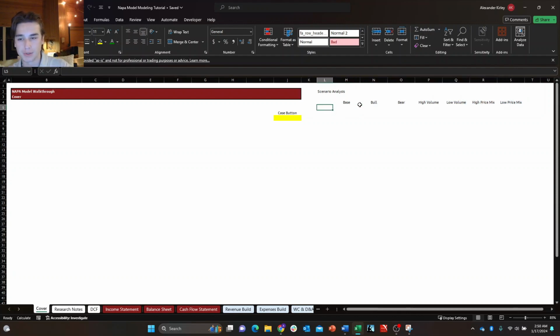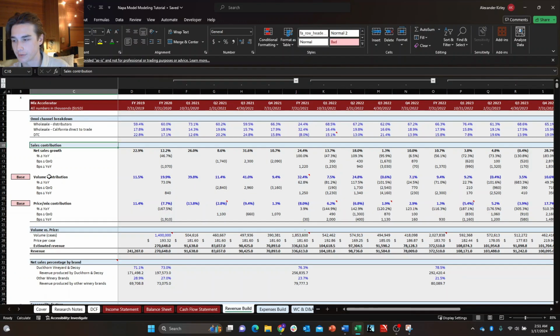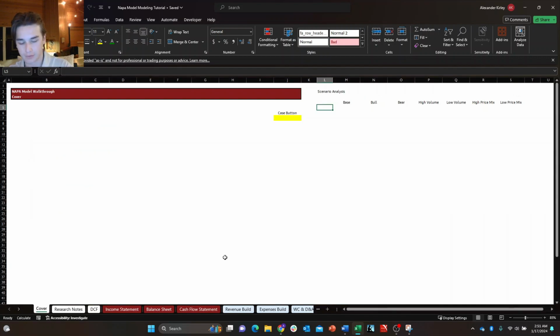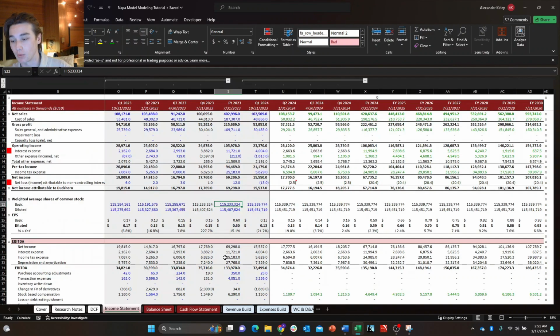Now, what we need to do is reference all of our different rows that we're going to be using. So I'm going to be referencing this cell right here. And what's very important to note is the contents need to be identical in terms of the values itself. So what I like to do, just to play it safe, is I will go down. I need to list every single line item that I want to toggle.